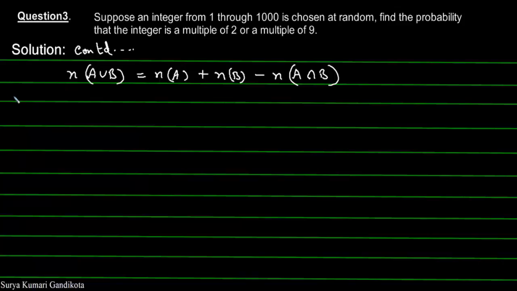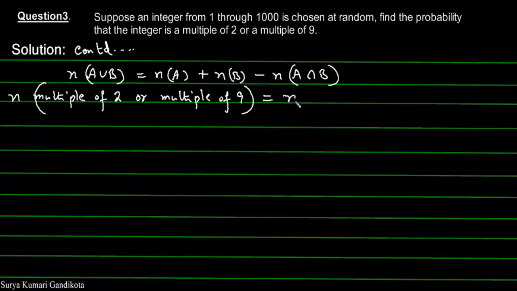Therefore, I can write n of multiple of 2 or multiple of 9 as equal to n of multiple of 2, plus n of multiple of 9, that is the number of multiples of 9, minus n of 2 and 9, the number of multiples of 2 and 9.